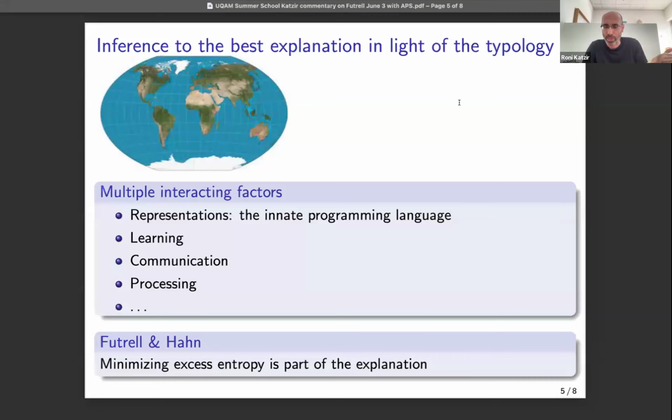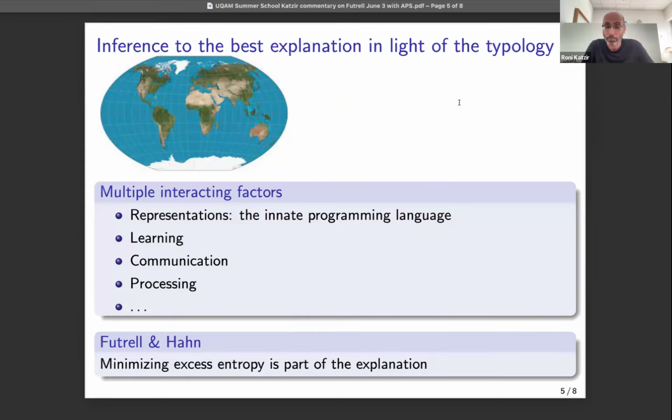We're born with something, and people can argue and have been arguing and should argue about what we have in terms of our ability to represent things. We can think of it as an innate programming language that we're born with. It could be Python, which would be a bad hypothesis, it could be a programming language where we write context-free grammars, it can be the weights in an LLM, it can be all kinds of things. Then there's the learning mechanism, another factor that interacts directly with the representations, communication considerations, processing, and so on.